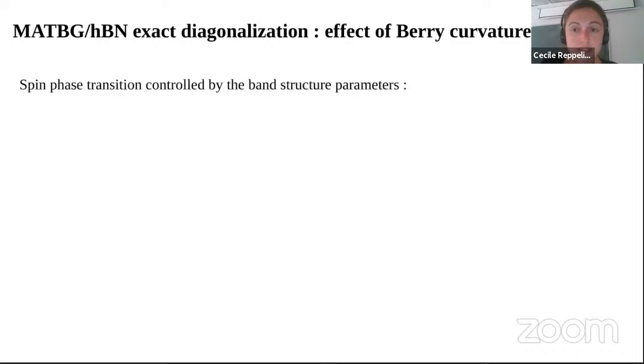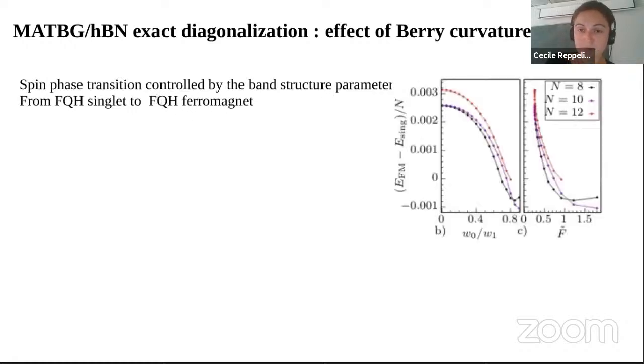But something more surprising that we saw is that there is a spin phase transition that's controlled by the Berry curvature fluctuations. Indeed, when we went to the chiral limit, we still got a fractional quantum Hall state or fractional Chern insulator, but this time it was a singlet. And as we changed the relaxation ratio to increase the Berry curvature fluctuations, we saw a phase transition towards the fractional quantum Hall ferromagnet that I mentioned earlier.